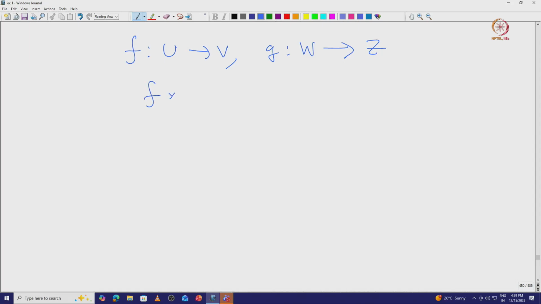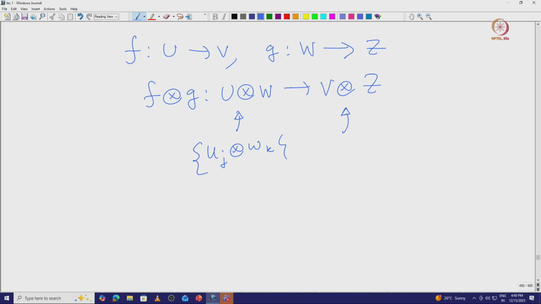So, f tensor g is defined from u tensor w to v tensor z. So, we have to take the corresponding basis here, which will be given by uj tensor wk, and similarly here the corresponding basis is going to be equal to vi tensor zl, and i, j, k, l are all running over their respective sets.